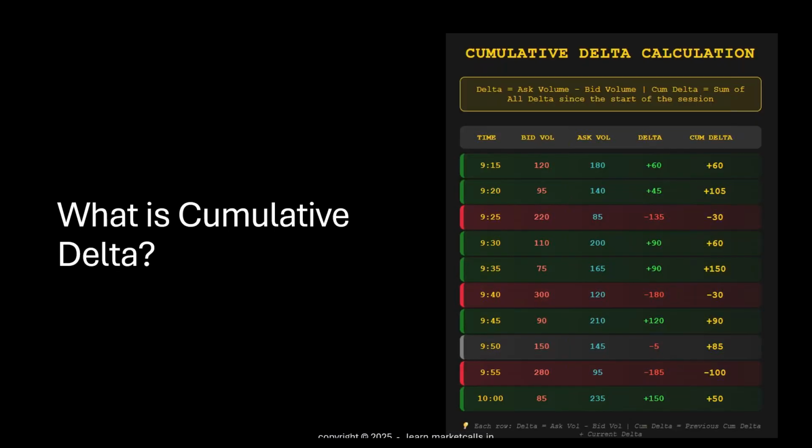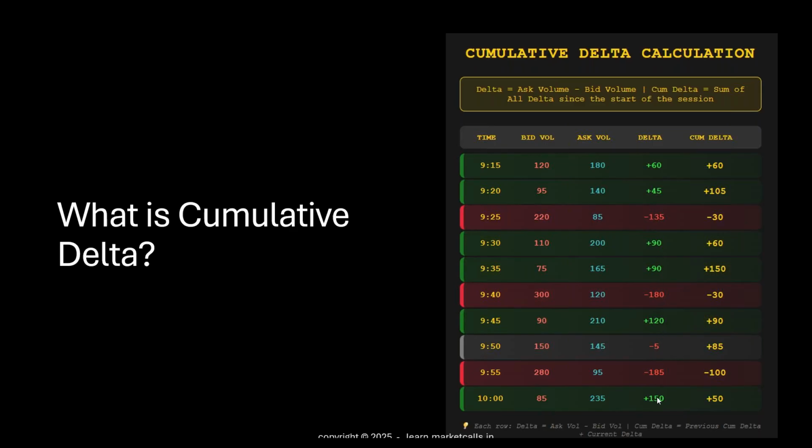Whereas the cumulative delta is nothing but the sum of all the deltas right from the session start. I'm just giving an example here. Imagine we are having 5-minute charts. I'm having a delta of plus 60 at the first 5-minute candle, then plus 45. Third candle I'm getting minus 135, and plus 90, and then it keeps on going.